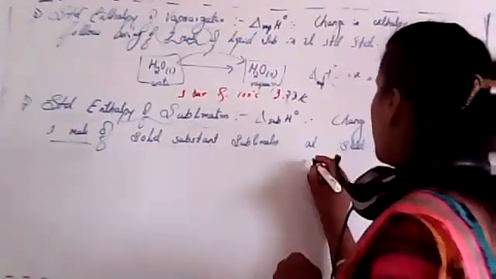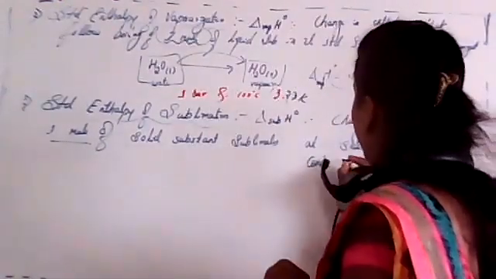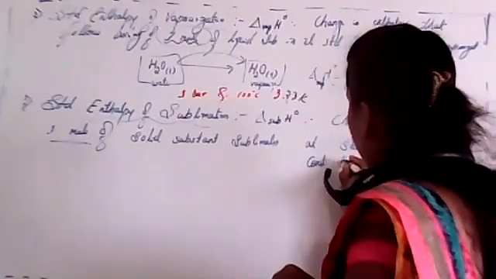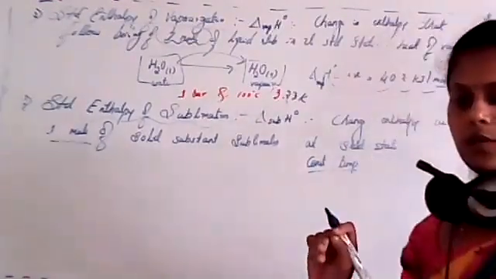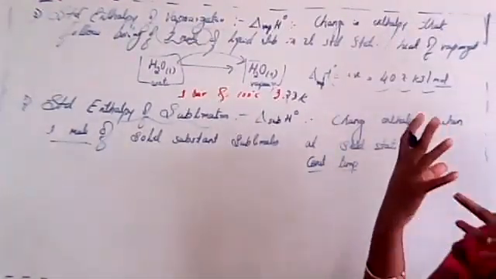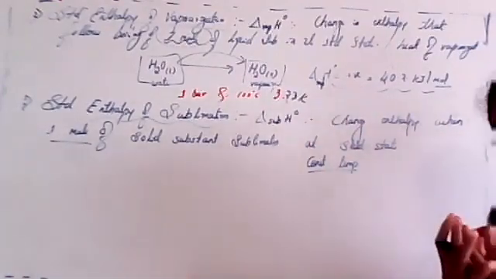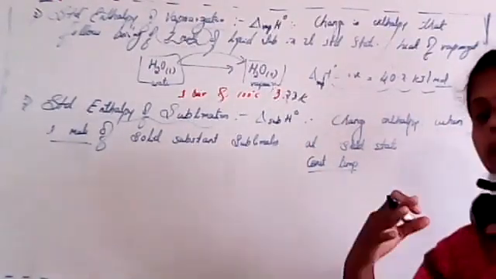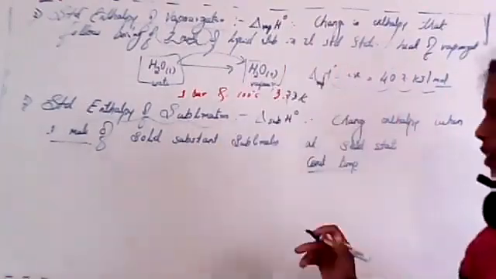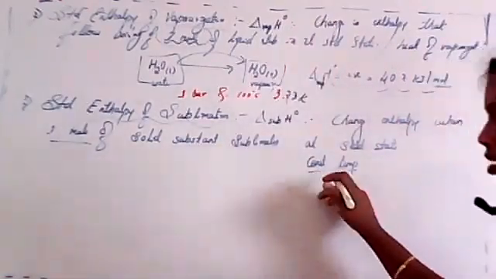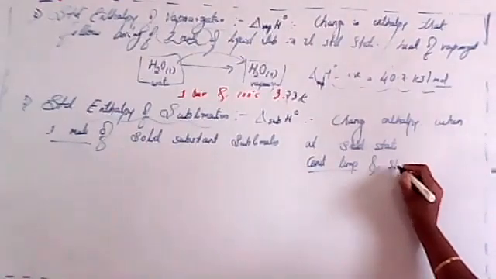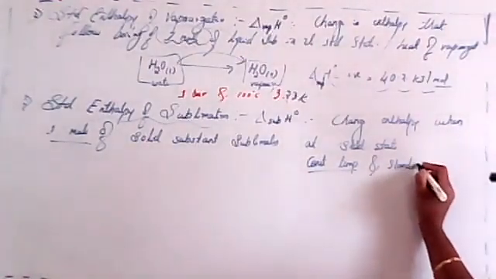See, why are we using constant temperature? Because different substances may have different temperature capacity to convert solid to gas. Clear? So that's why we consider constant temperature and standard pressure.